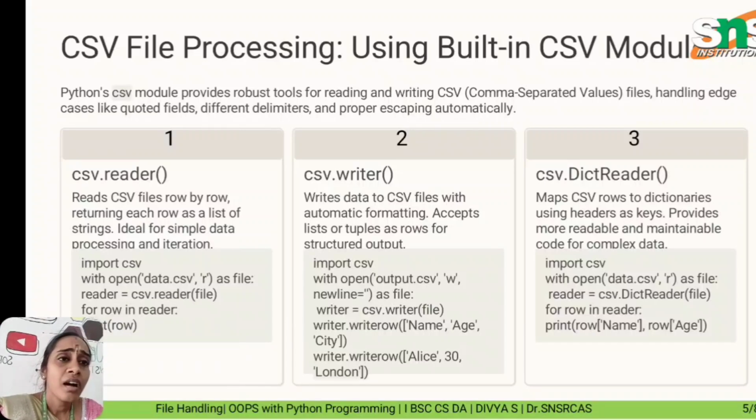Next is DictReader, which reads CSV rows as dictionaries using the header as keys, providing more readable and maintainable code for complex data. If I am reading the CSV file, it goes along with csv.DictReader(file) and for row in reader. So here I am just using DictReader.